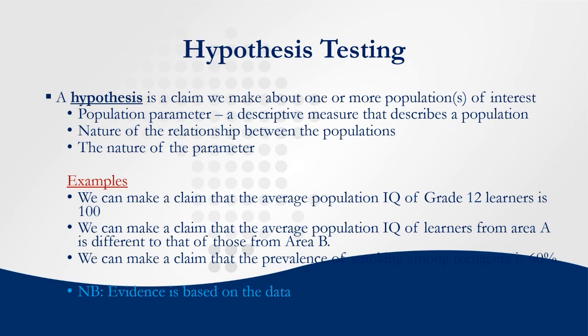And as you can see, there are other claims when you have more than one population. And sometimes the claim is about a relationship between two things. So it could be, I want to look at the relationship between IQ and malnutrition. So the claim now becomes about two parameters, one will be malnutrition, and the other one is going to be IQ.